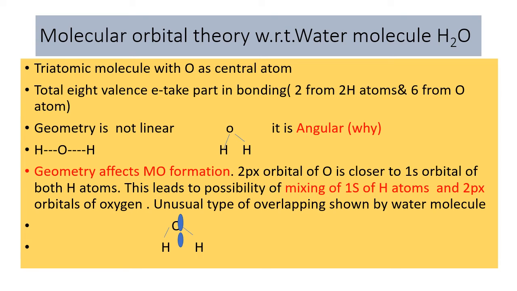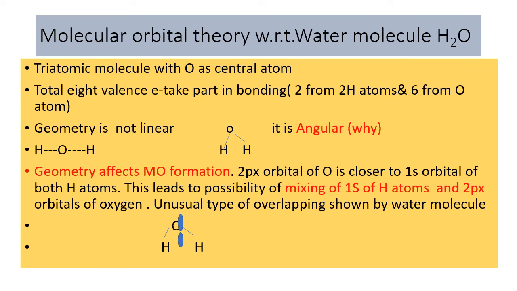Here, in the case of oxygen, the 2px orbital comes closer to the 1s orbitals of the two hydrogen atoms. Now, mixing of the 1s orbitals of the hydrogen atoms and the 2px orbital of oxygen can take place.